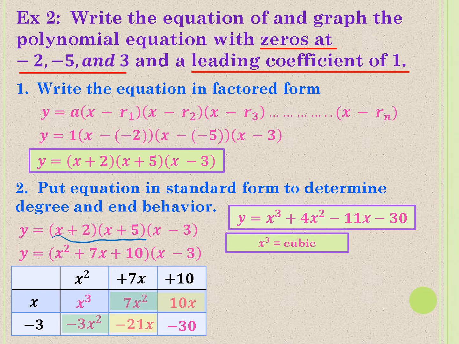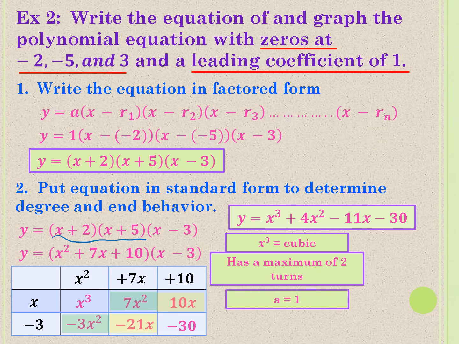Okay, so first of all, it's a cubic. Yay! Okay, since it's a cubic, remember n minus 1 is our maximum number of turns. So 3 minus 1 is 2. So we'll have at most 2 turns. Now we determine right end. Always determine right before left. A is equal to 1. So that's positive.